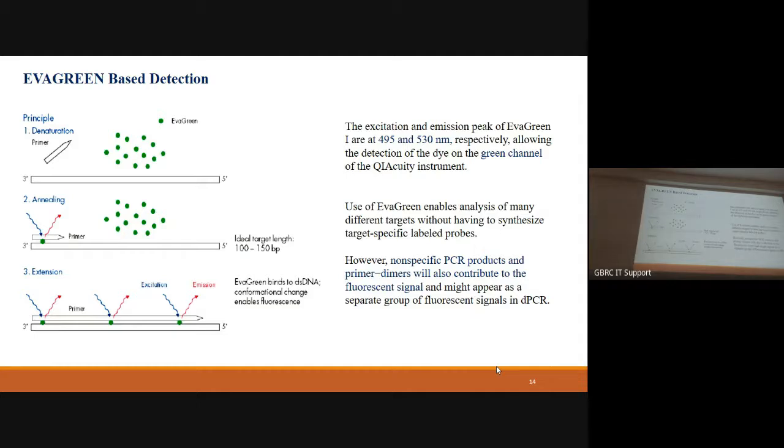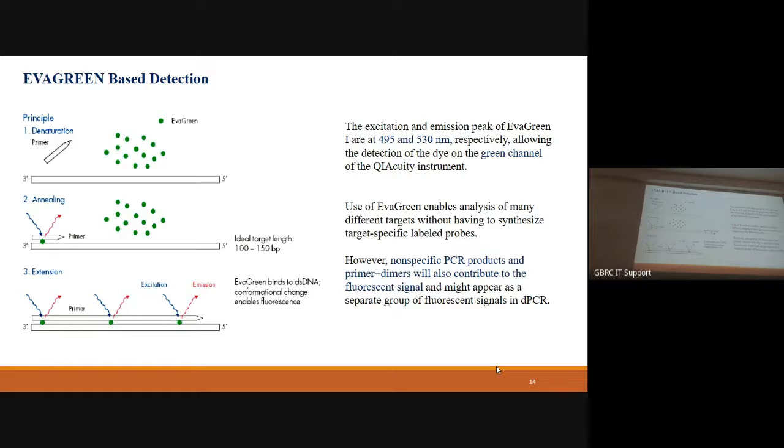The green channel provided in this QIAGEN digital PCR system will work with this EvaGreen-based chemistry. Like SYBR Green, whenever you do a SYBR Green-based PCR reaction in real-time PCR, non-specific PCR products also get amplified. Here it is the same, but there is an additional advantage: if you have any primer dimer, it will give a fluorescence signal, but it might appear as a separate group when you analyze your results.